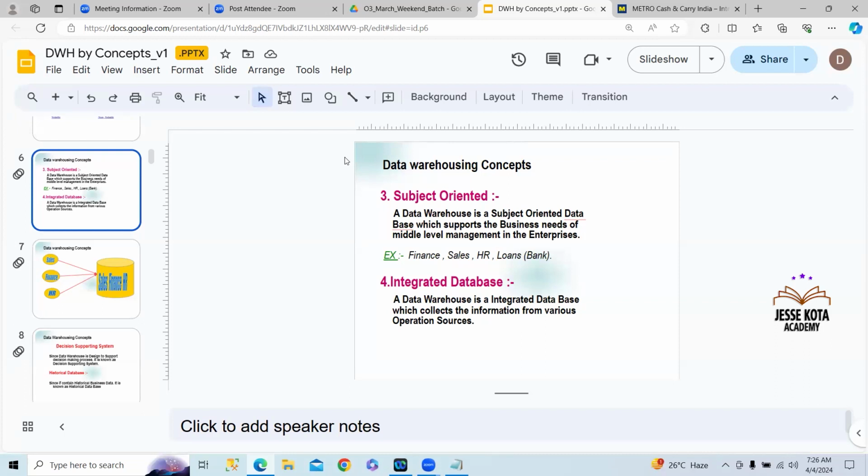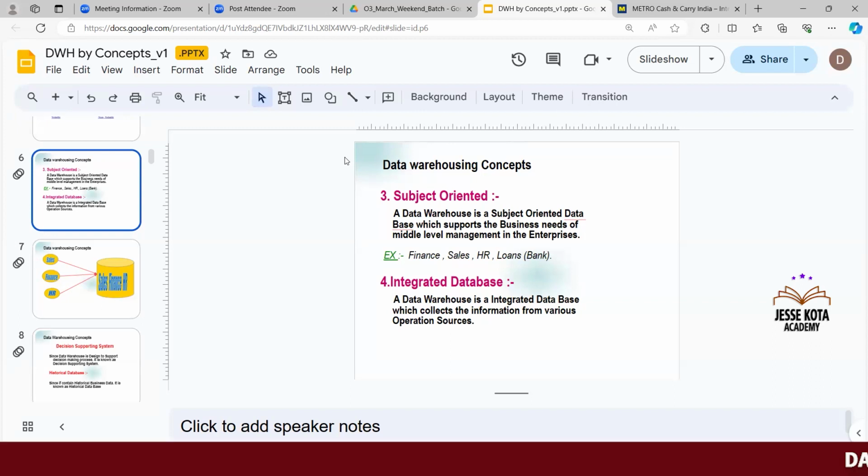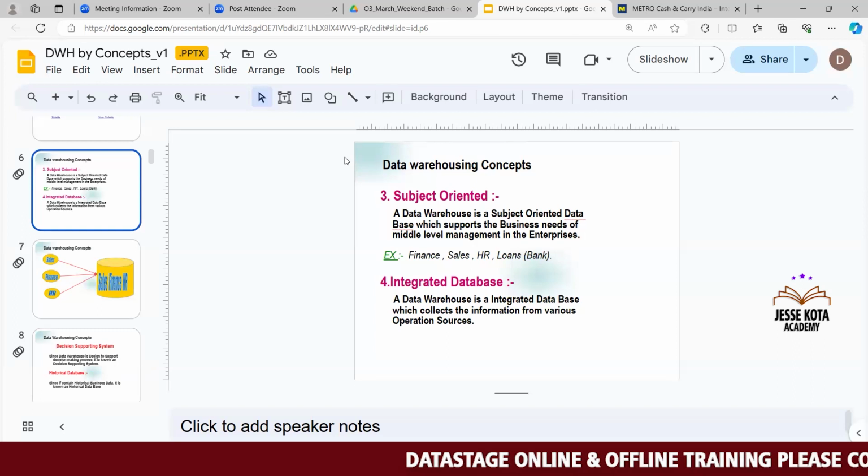To increase the sales, all the sales transactions are maintained as data. We maintain it subject-wise by category, in a separate subject-oriented data matrix. This will help us analyze the business at the middle level.